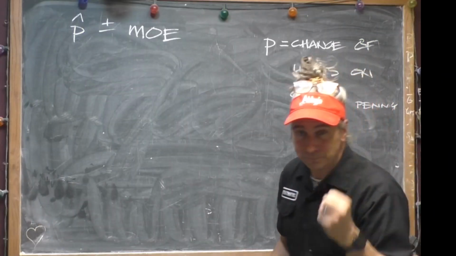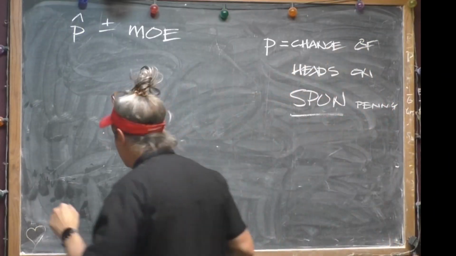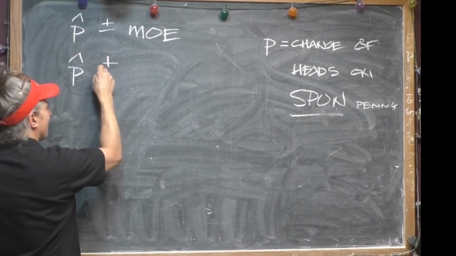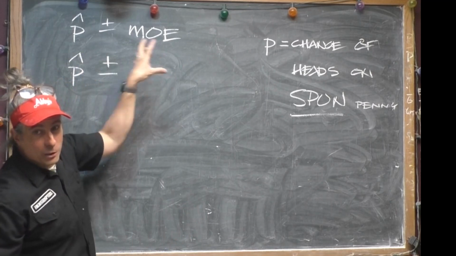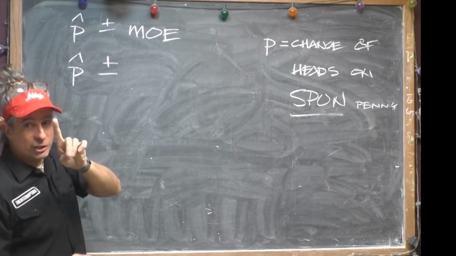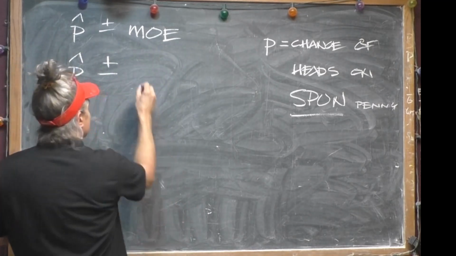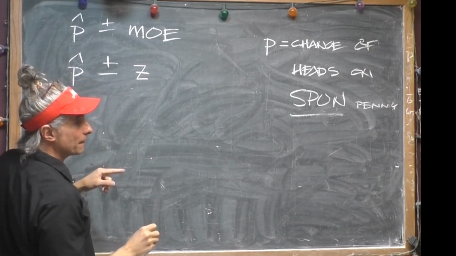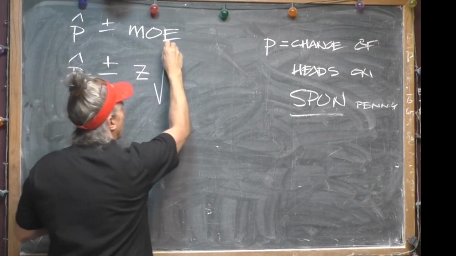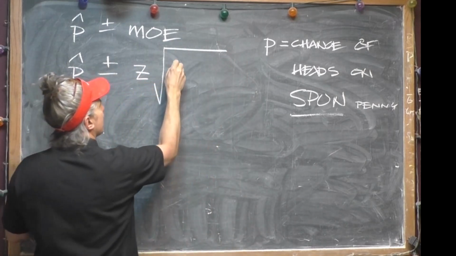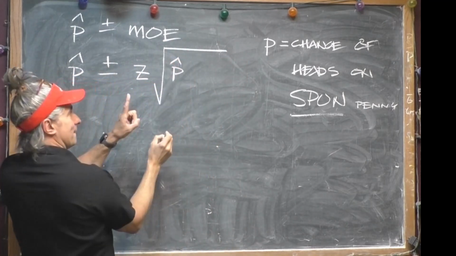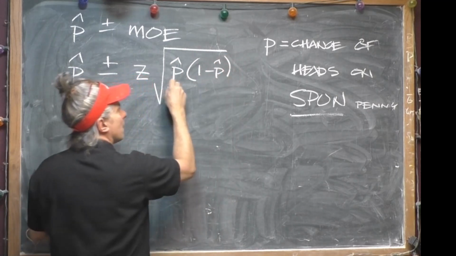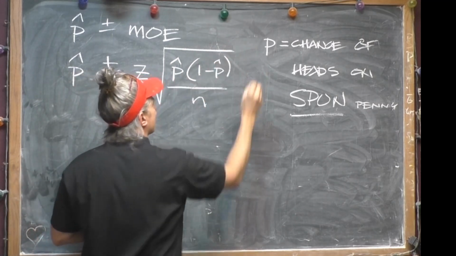Okay, so p hat, the sample proportion. Here we go. Drum roll, please. The margin of error for a sample proportion is given by this calculation: the confidence multiplier, which we call Z, times the square root of p hat times 1 minus p hat, all over the sample size n.